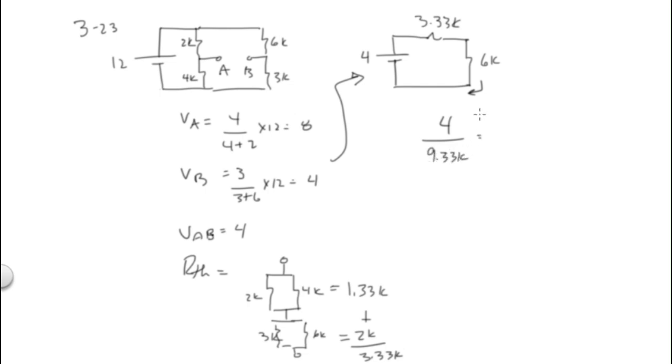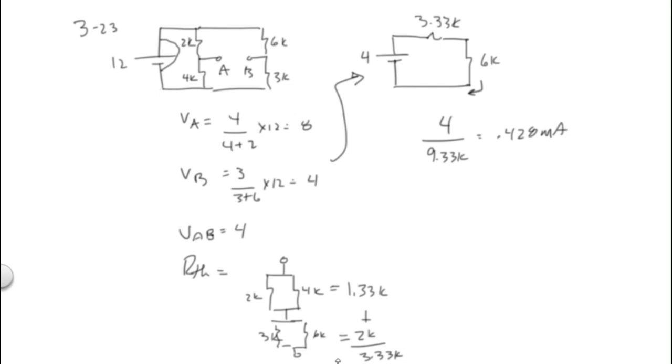That's my I. Okay, what is that? 0.428, right? Milliamps. So everybody see this drawing down here. It's kind of a scribbly drawing, but it does show you the 2K and the 4K are in parallel, and then you come around, and this shorts out, so that becomes all one big short. Then I come back to my 3K in parallel with my 6K, and that goes to B.